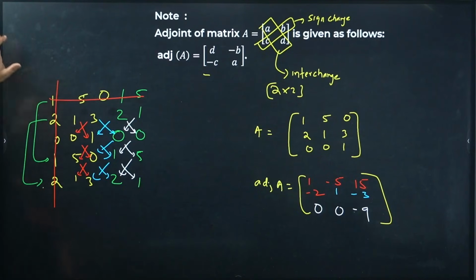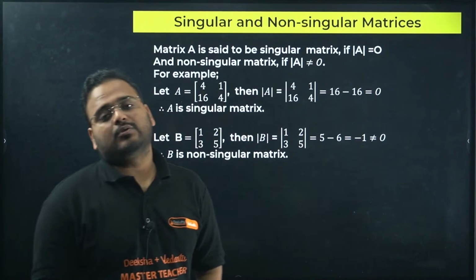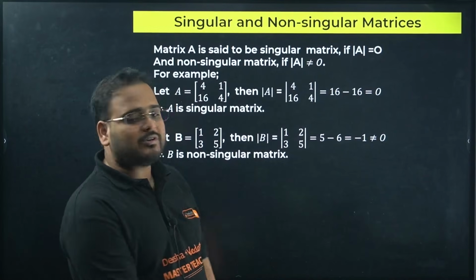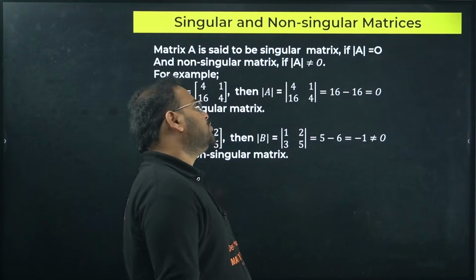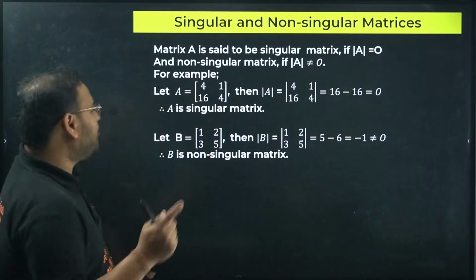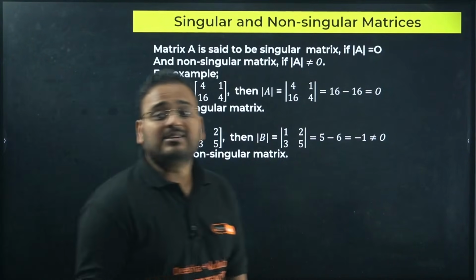Next, moving on. Singular and non-singular matrices. Now as I am telling you, the class is moving towards the inverse of a matrix. How do you find the inverse of any given matrix? For that, first thing that we need to know was finding adjoint, and next thing is to know whether inverse exists or not.